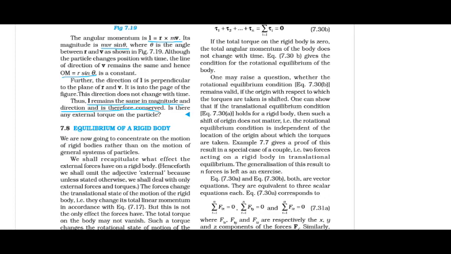So let us now do 7.8, equilibrium of rigid bodies.